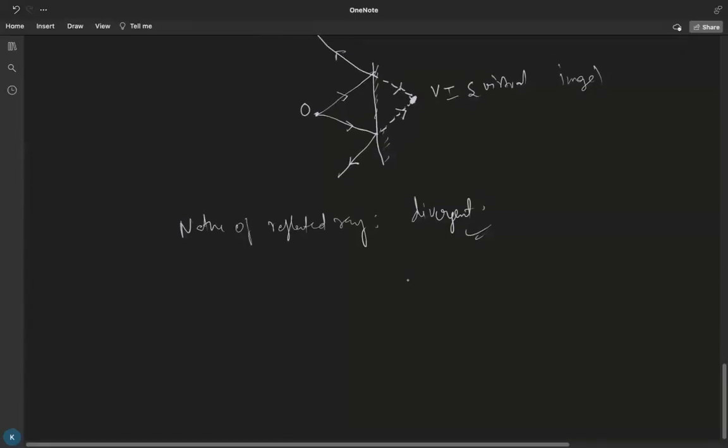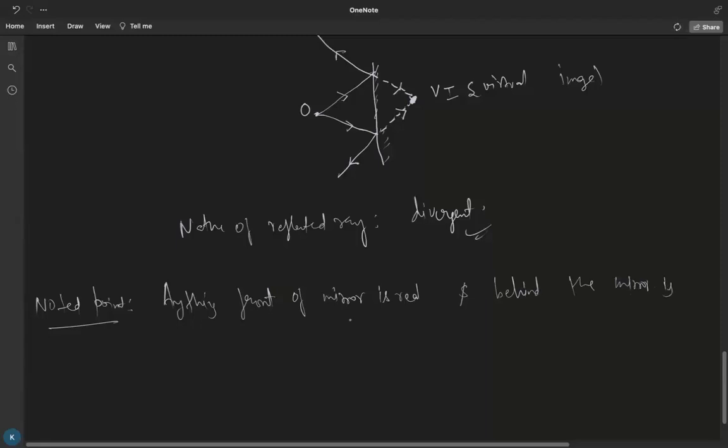And let me write a noted point here. Anything in front of the mirror is real, and behind the mirror is virtual.